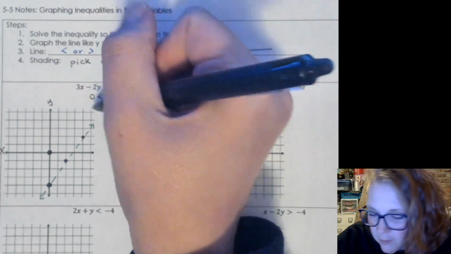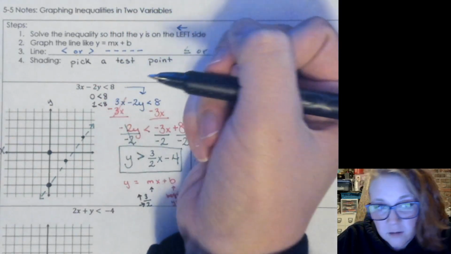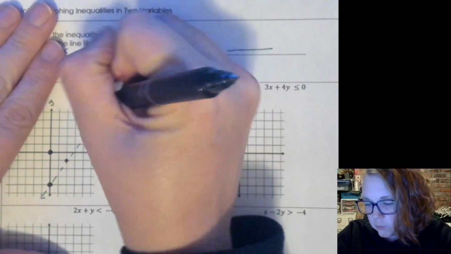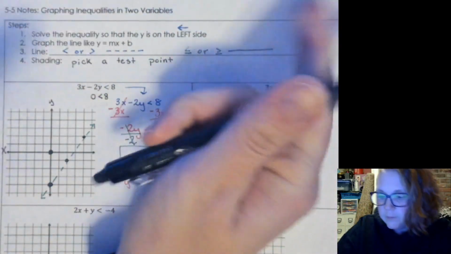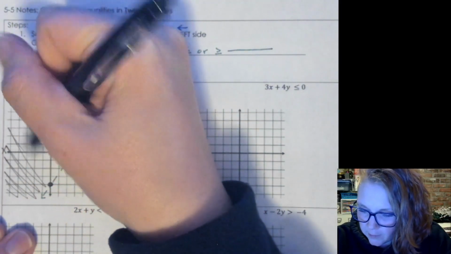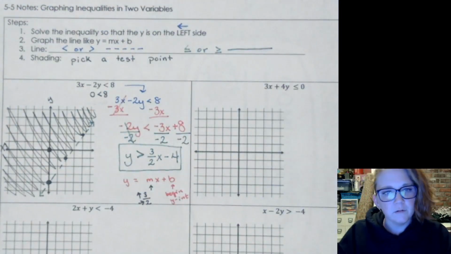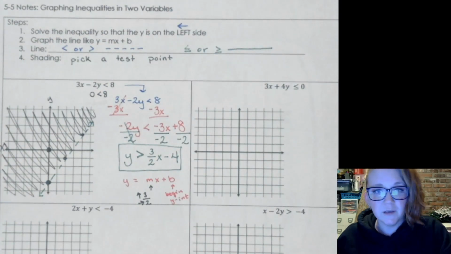So then when we get 1, is 1 less than 8? Hopefully you said yes. So it is. So we found 2 points that work for this inequality. That means that any number on this side of the line is going to work. And that's how you do the shading. That's all you've got to do.